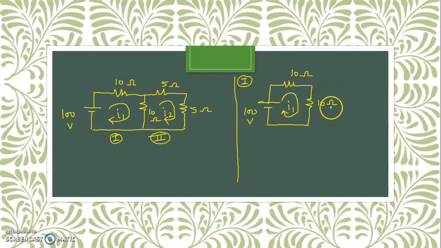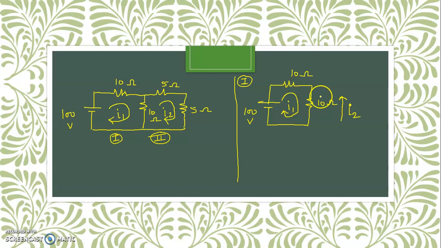Now let us consider this 10 ohm resistance. If I check the original circuit, I find that through this 10 ohm I have another loop current flowing, and the direction of that loop current is just opposite to the direction of this I1.